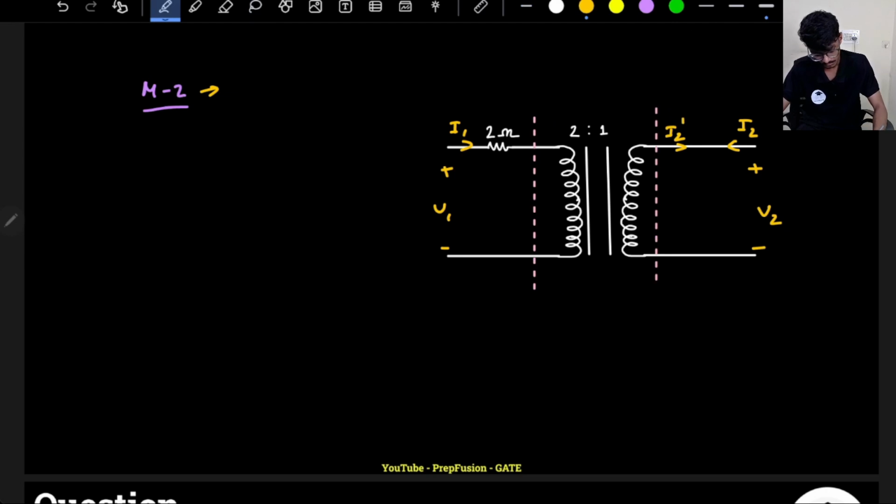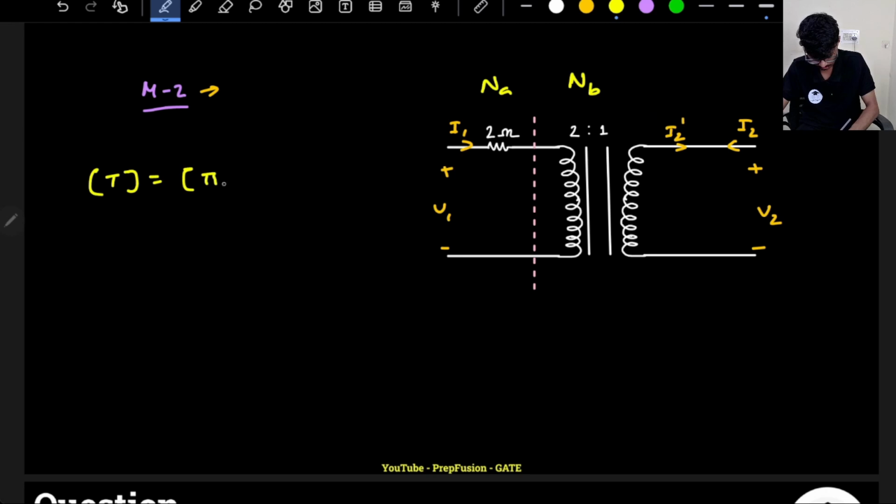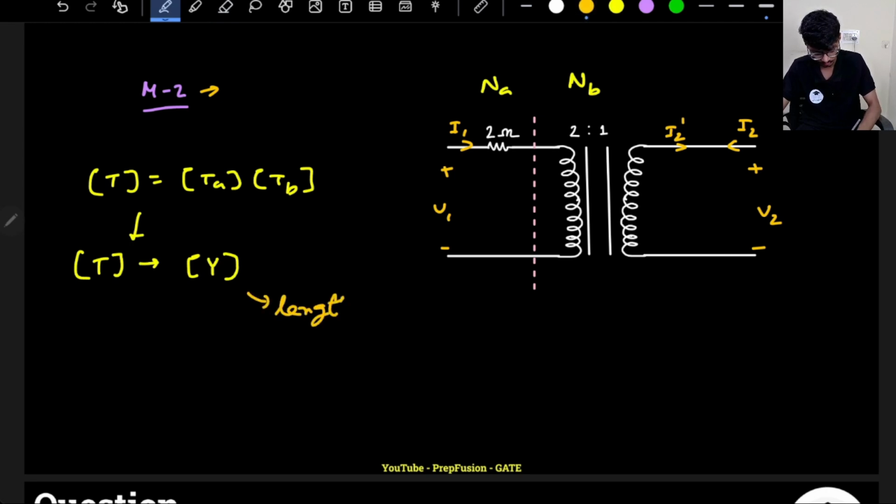This is my network B transformer, this is my network A. The overall T parameter you find is TA into TB, and from the T parameter equation you convert to Y parameter equation. This will be a bit lengthy, the better approach I have already discussed.